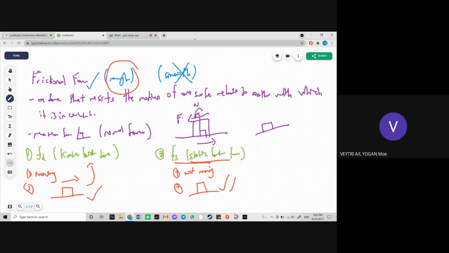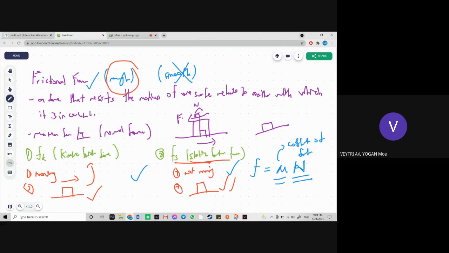Okay. Now, there is a formula for frictional force. The formula is a small f. It can be used for both, Fk and Fs, the same formula. Equals mu N. N is your normal force or reaction force. What is mu? Mu is the coefficient of friction.